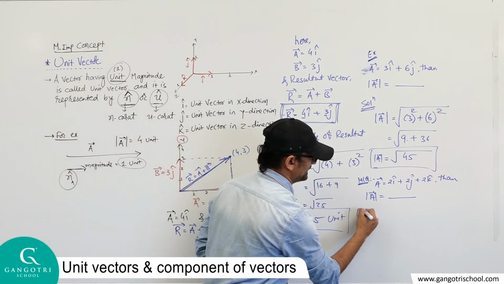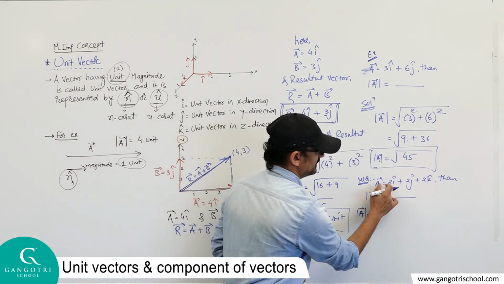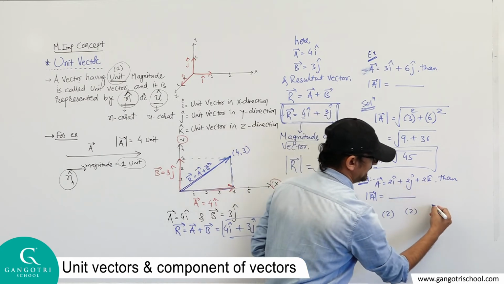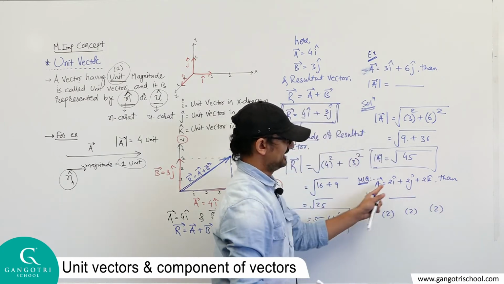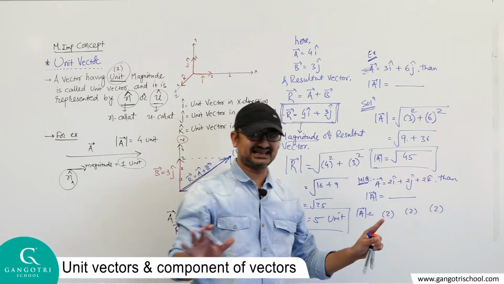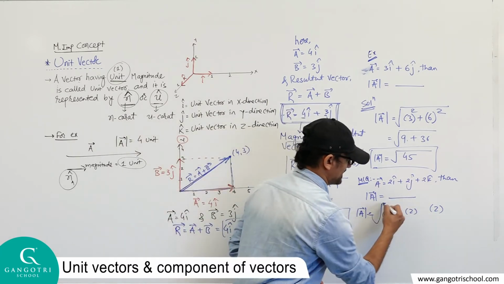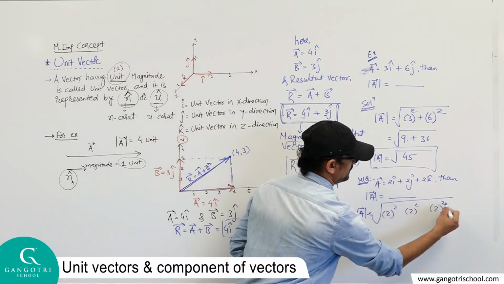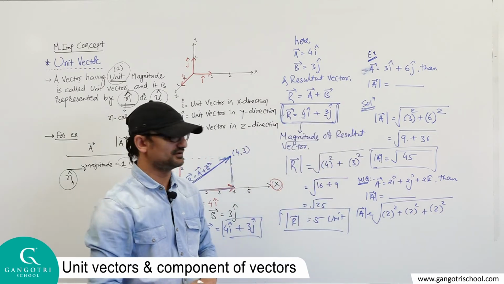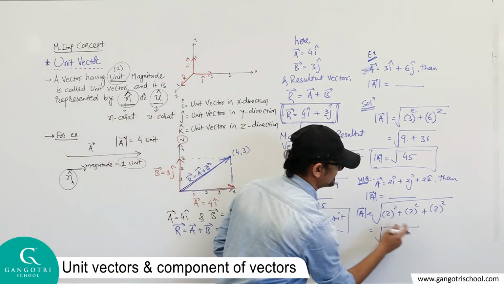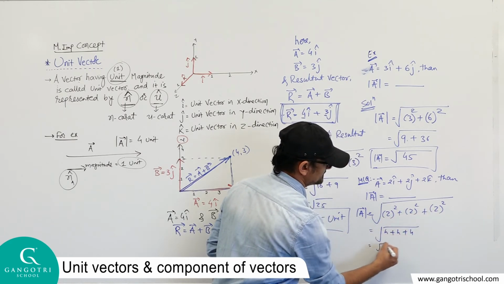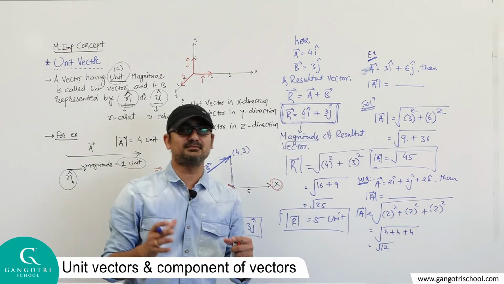Here 2 is the x component, 2 is the y component, and 2 is the z component. The magnitude is under root 4 plus 4 plus 4, which is under root 12.